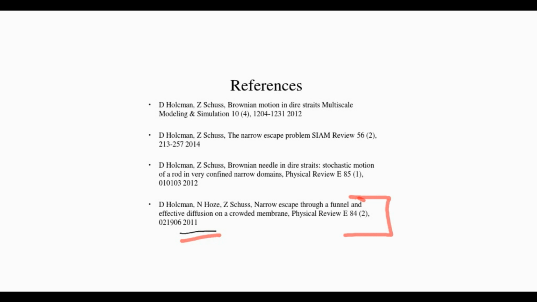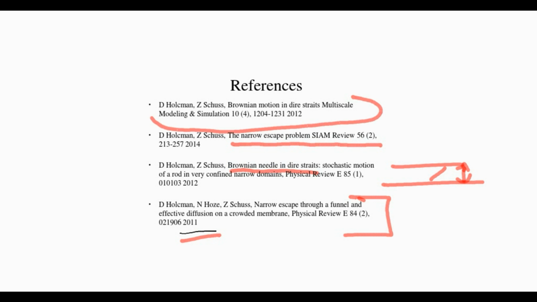A similar calculation was also done in this article, where we looked at how long it takes for a Brownian needle to go around in a confined domain. This is the confined domain. The summary of this calculation can be found in this SIAM Review, and the detailed calculation appeared in this SIAM Multiscale Modeling and Simulation article.